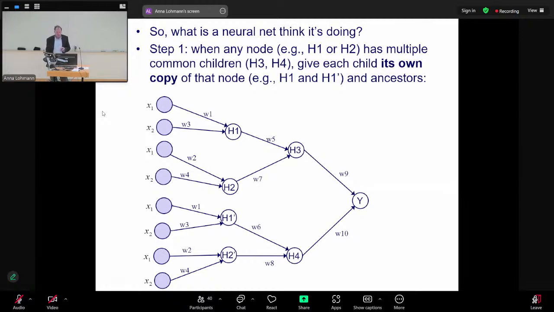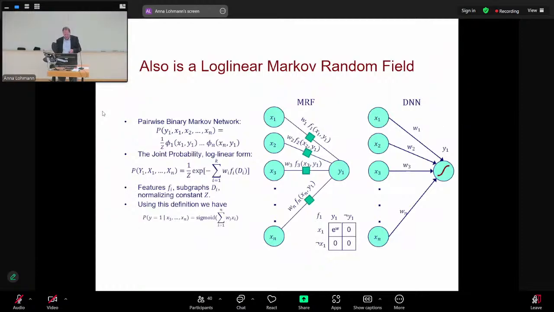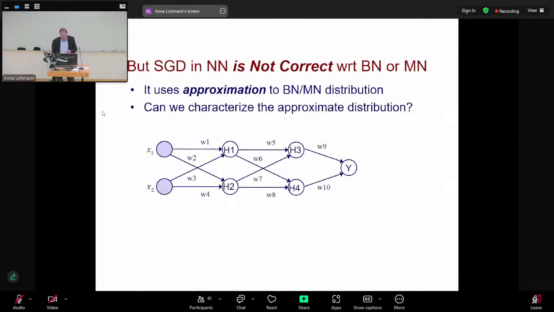The first big issue with what we think is going on, or another way to say it is if you try to show that the Bayesian network's gradient is the same as the neural net gradient, the first big problem you run into is what's actually happening in the neural net. If I go back a little bit, H3 and H4 here, they both have arrows coming into them from H1. H1 is a parent.